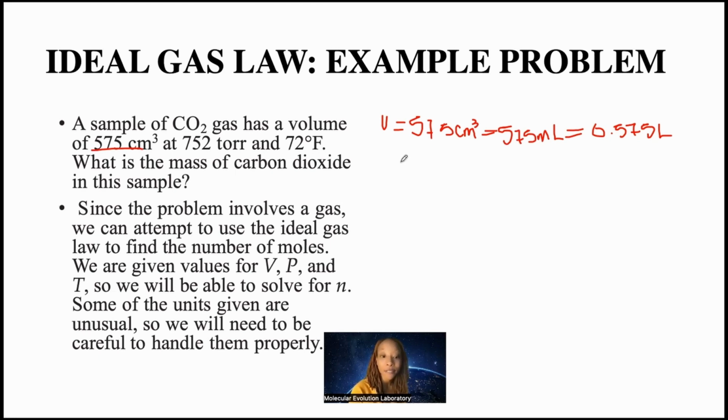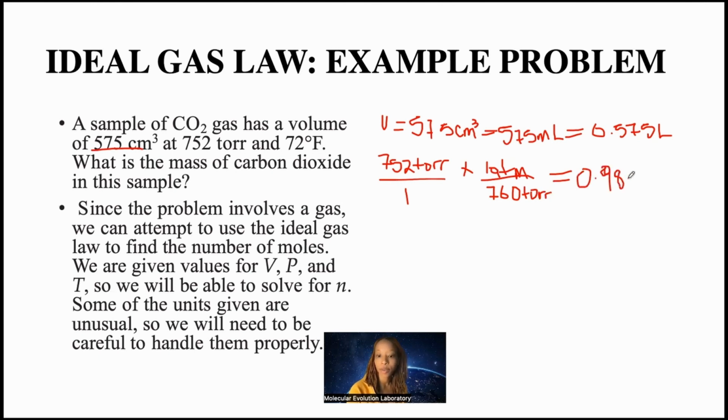So remember that 1 atmosphere is equivalent to 760 torr. So you can either convert it to atmospheres or you can leave it as torr. Say for example, we want to convert it. We can say 752 torr divided by 1 times 1 atmosphere, which is equivalent to 760 torr, which will give us 0.98 atmospheres.